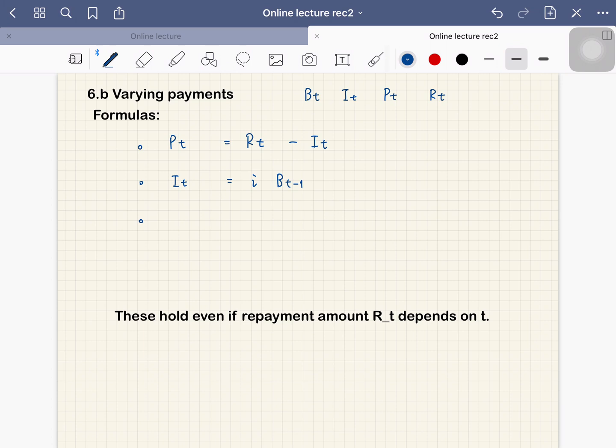The third relationship is that the balance at time t is the previous balance minus the principal repaid this year. Last time we used these formulas for level payments, but even if payments are not level, these hold in general.